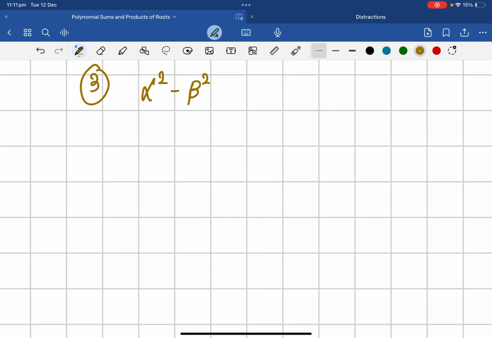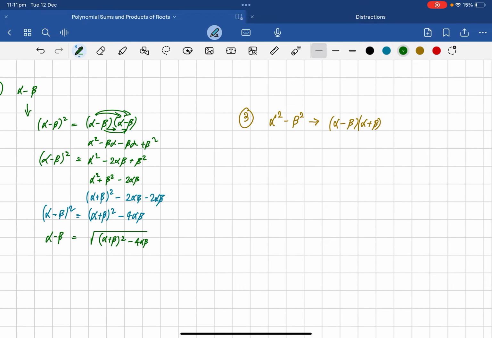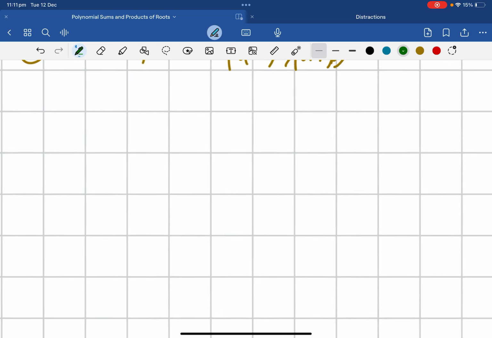We'll go back. Alpha squared minus beta squared, luckily, just happens to be a difference of 2 squares. So that's alpha minus beta, alpha plus beta. This makes life a lot easier because we know what alpha minus beta is from here, and we also know what alpha plus beta is.